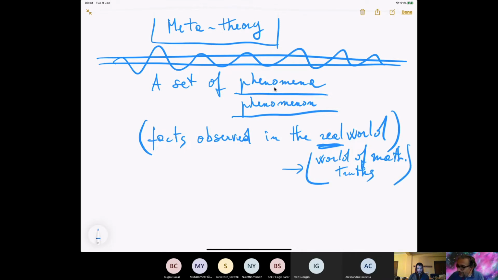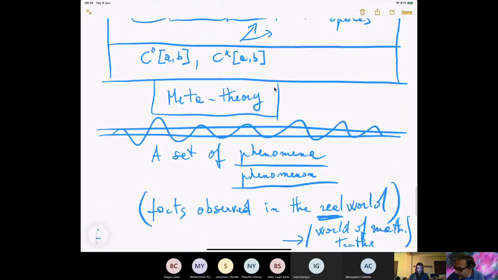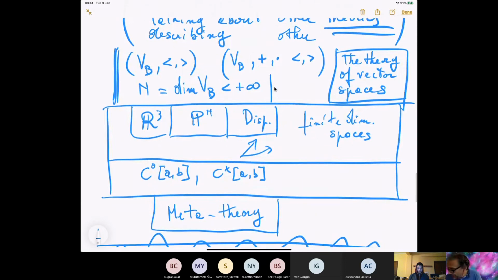So the phenomena we discussed here concerned some mathematical true statements, and we observed these facts, and then we invented a theory for organizing these facts.